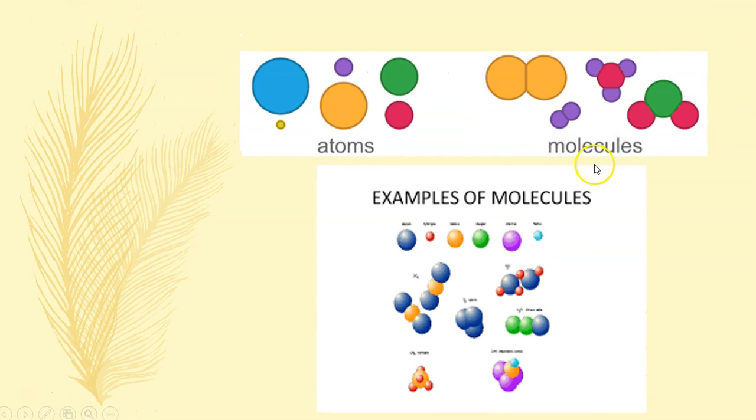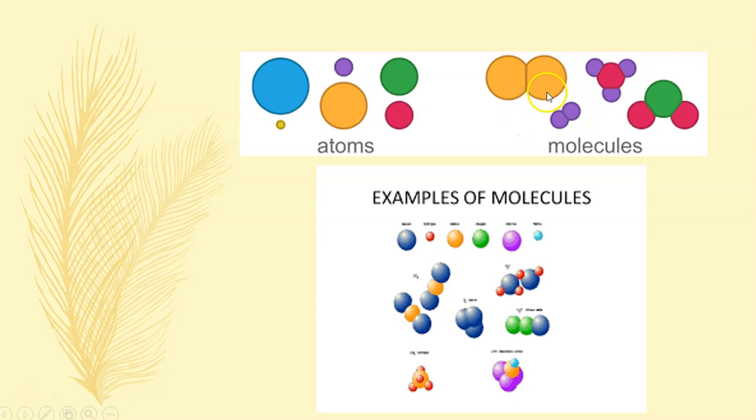So over here, my dear students, these are molecules of substances. From here, which is an element? Yes, this particular orange colored one and this particular purple colored one, these are elements. Why are these elements? Because according to the definition, an element is a substance whose molecule has atoms. Now see, this molecule has atoms. This is an atom, this is an atom, this is an atom, this is an atom.